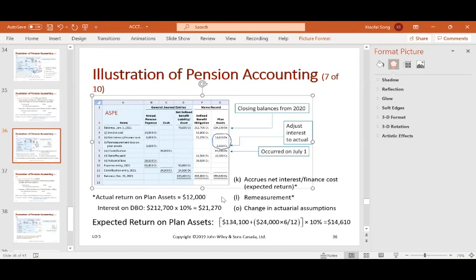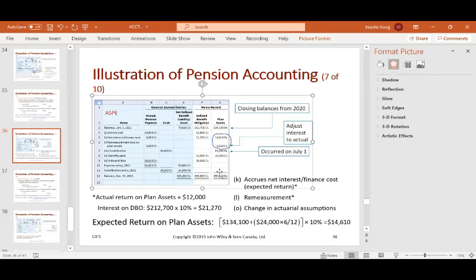Okay, actuarial loss. That's basically after revising the assumptions, and mostly these are assumptions used to determine the defined benefit obligation, such as inflation rate, discount rate, life expectancy, and all that. So they revised those assumptions, and that changes the amount of the defined benefit obligation.